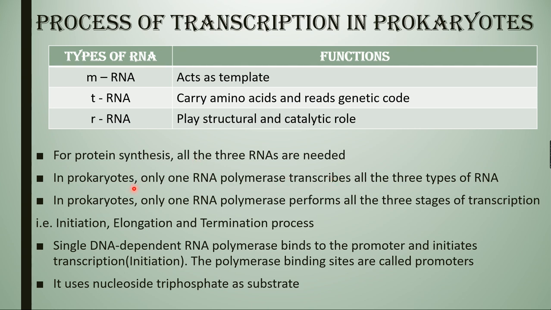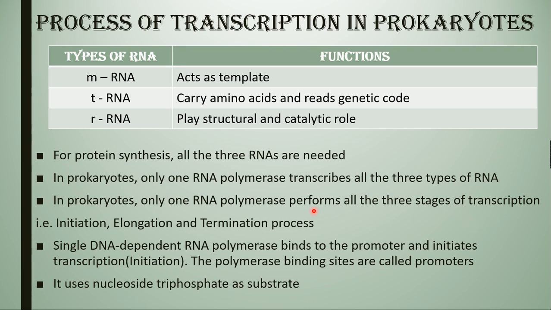In prokaryotes, only one RNA polymerase is involved, attached to the promoter site. It can transcribe all three types of RNA. Only one RNA polymerase can perform all three stages of transcription.